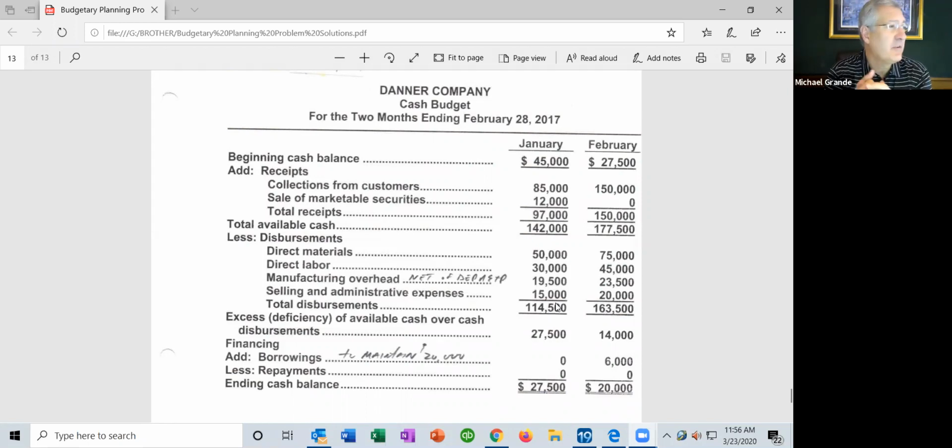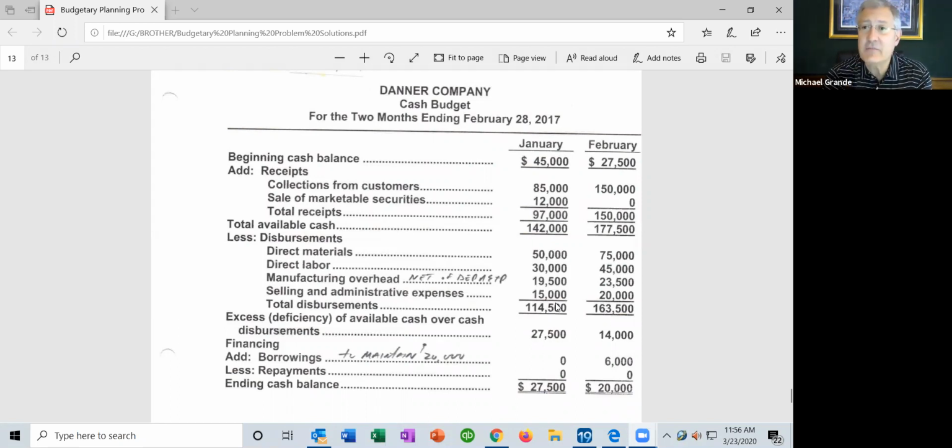Now they make the disbursements. Direct materials, they told you that number was 50,000. Direct labor, we told you that number was 30,000. Manufacturing overhead, and you can see I made a note there, net of depreciation expense. So we take their number, subtract off the $1,500 they had for depreciation expense, it's $19,500.